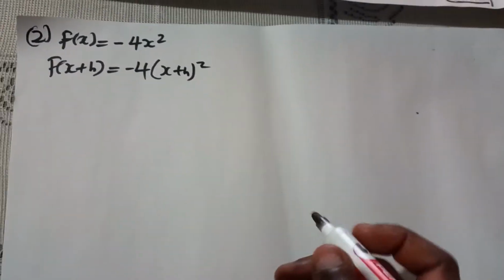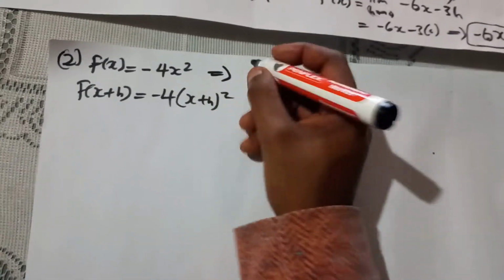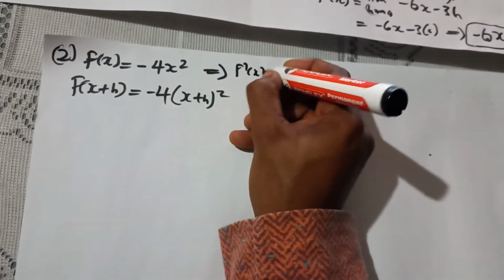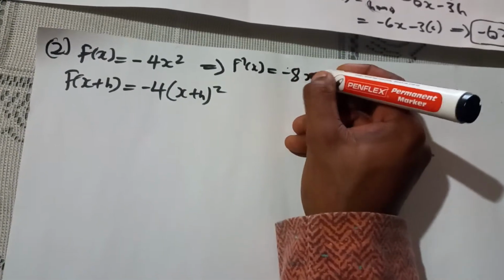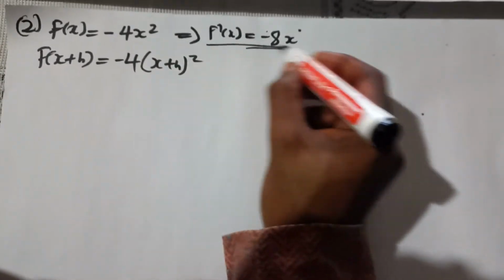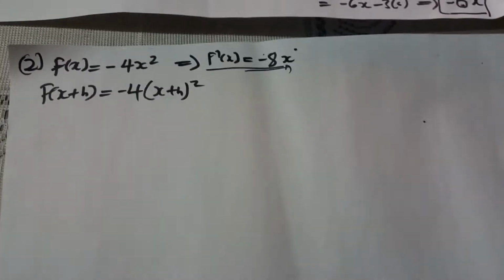If somebody can get the answer, it is going to be 4 times 2, that's negative 8x. That is the answer. We have to get this answer. If it happened that you don't get this answer, then definitely the problem lies with our mistakes, right?